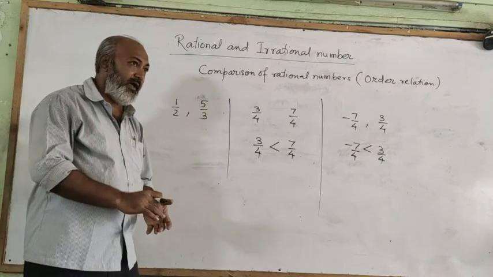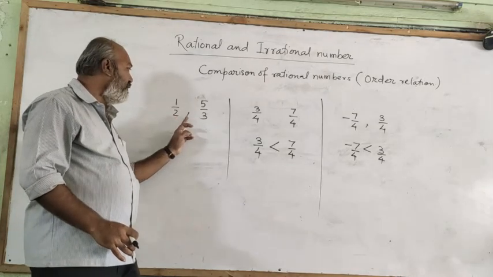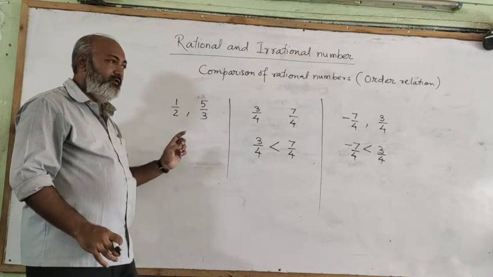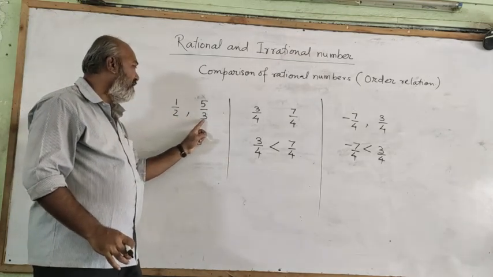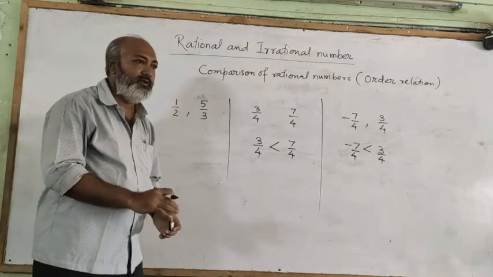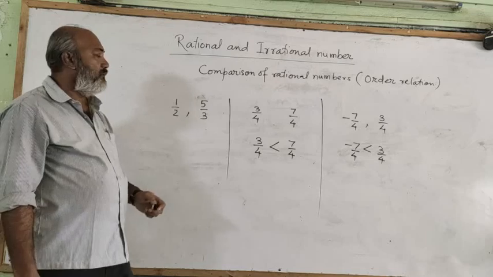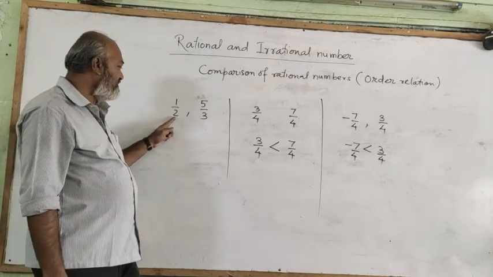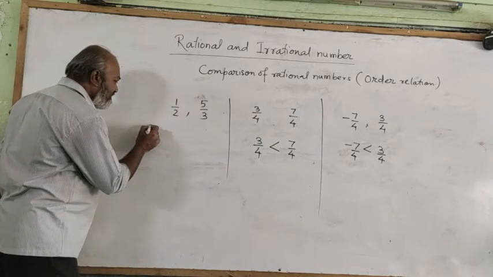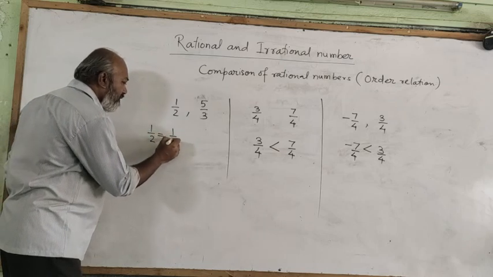For that, we have to take the LCM, least common multiple, of 2 and 3. 2 and 3 means these denominators. The LCM of 2 and 3 comes out to be 6. We are going to make this denominator 6, this denominator 6. The first number 1 by 2 can be made like this.